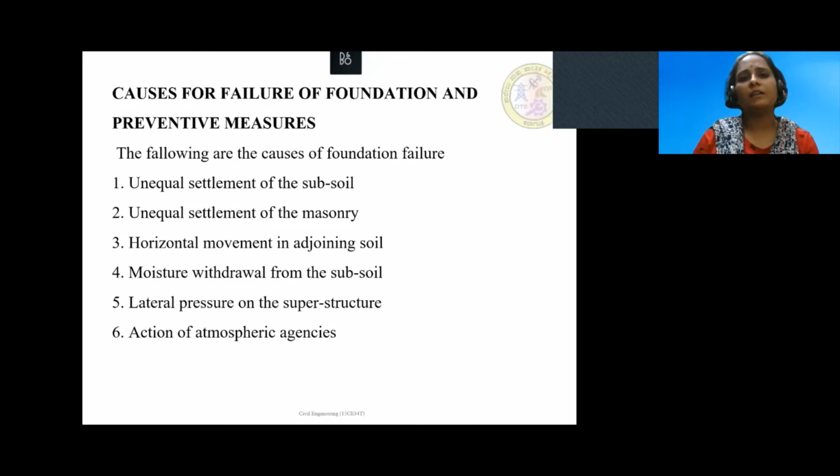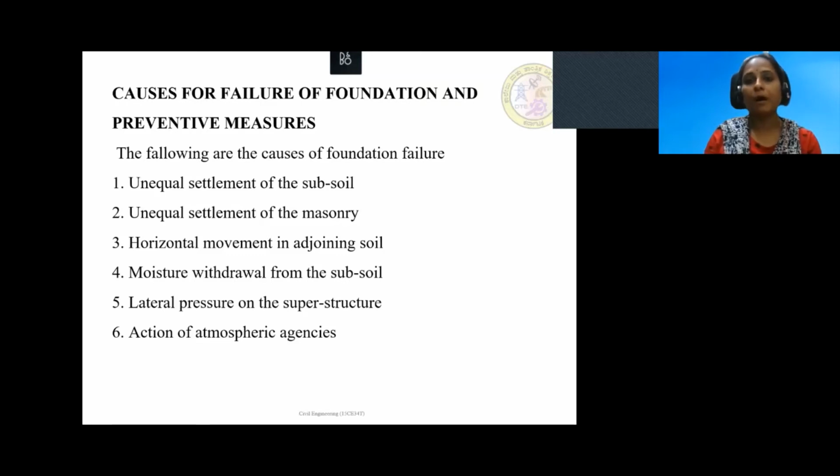Why will the foundation fail? What are the major acts on it? Foundation will mainly fail due to some reasons. If we don't select a proper soil and it has very low bearing capacity, then the foundation will fail.